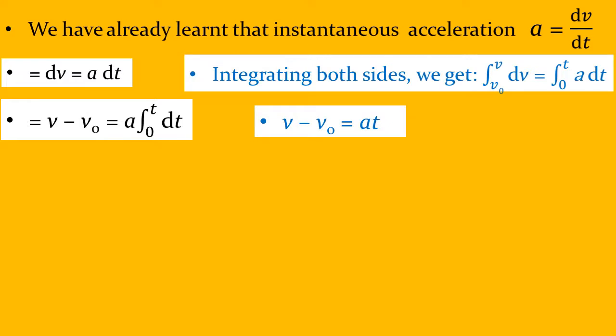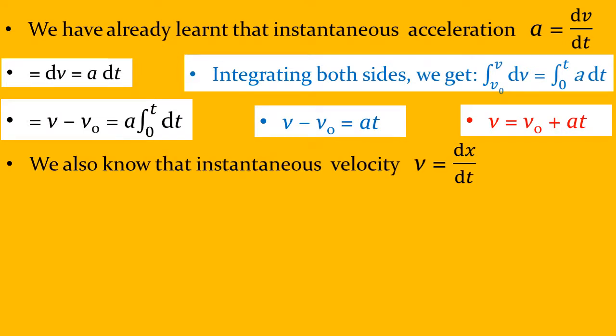So I simply have v minus v0 is equal to a, constant acceleration, into t. Here even if I take the limits t minus 0, that is t again. So v minus v0 is equal to at. I can write this in the form that we remember very easily: v is equal to v0 plus at.